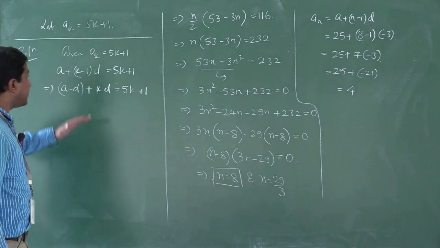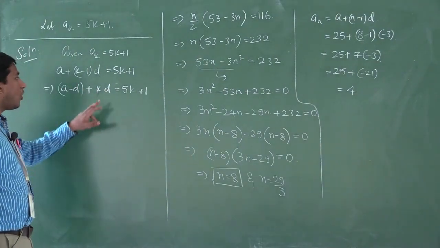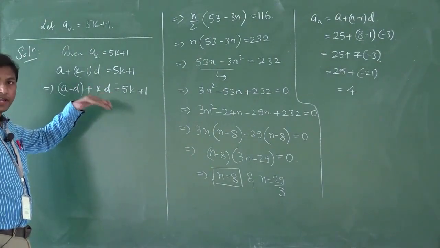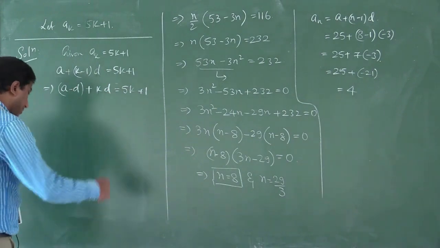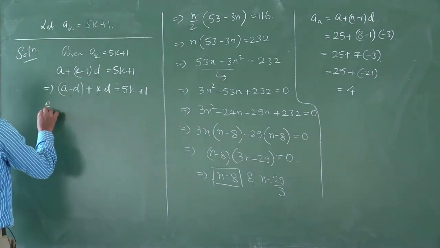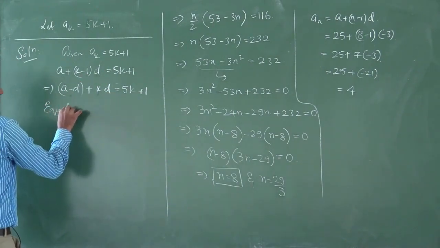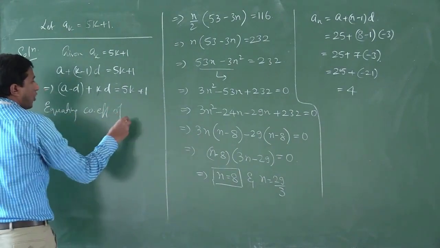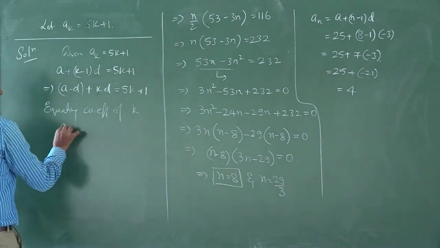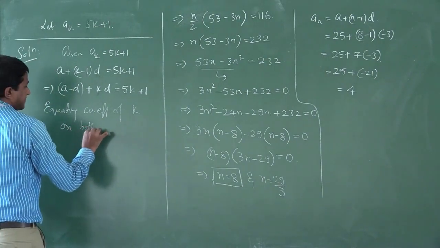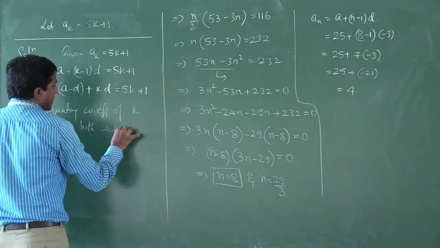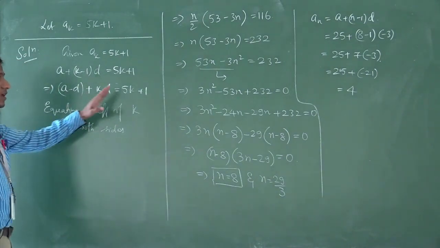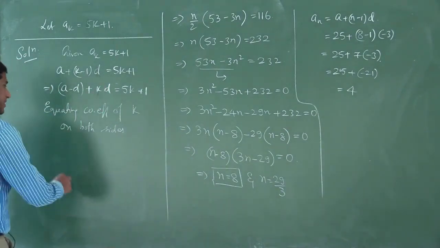We can equate the coefficient of k on both sides and the constant terms. So equating the coefficient of k on both sides, what do we get?